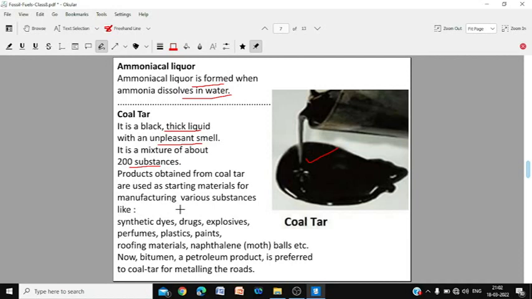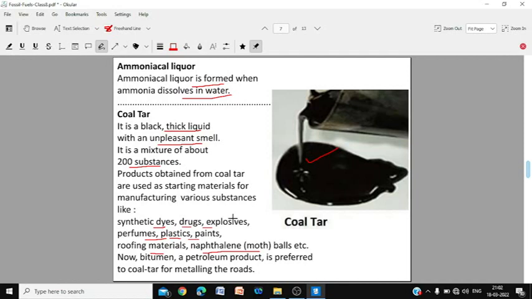It could be the starting point for the manufacture of synthetic dyes, drugs, explosives, perfumes, plastics, paints, roofing materials, and naphthalene or mothballs. All these could be products of coal tar, the unpleasant smelling, thick, dark liquid.